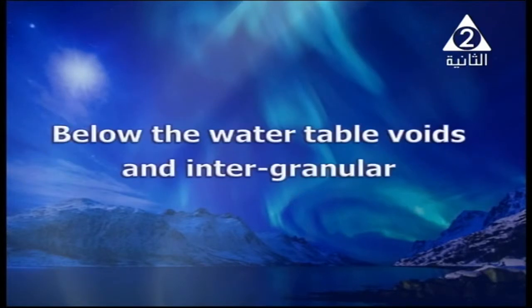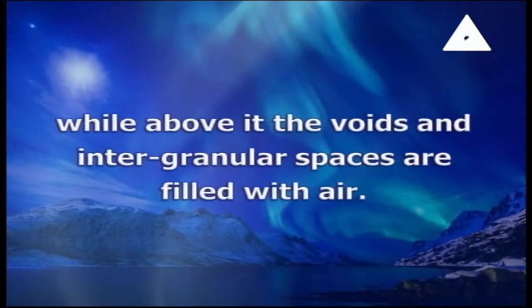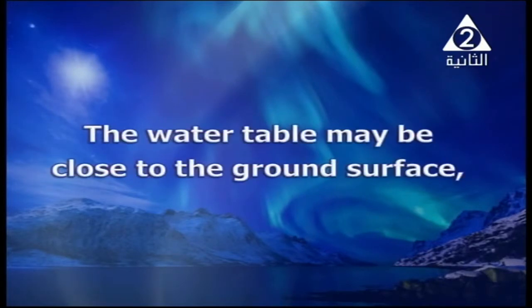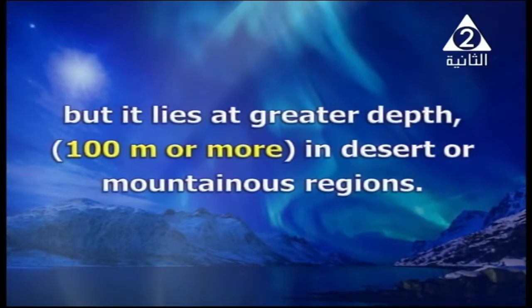Below the water table, the voids and intergranular spaces are filled with water, while above it, the voids and intergranular spaces are filled with air. The water table may be close to the ground surface, especially near streams or lakes from which water seeps, but it lies at greater depths, more than 100 meters, in desert or mountainous regions.